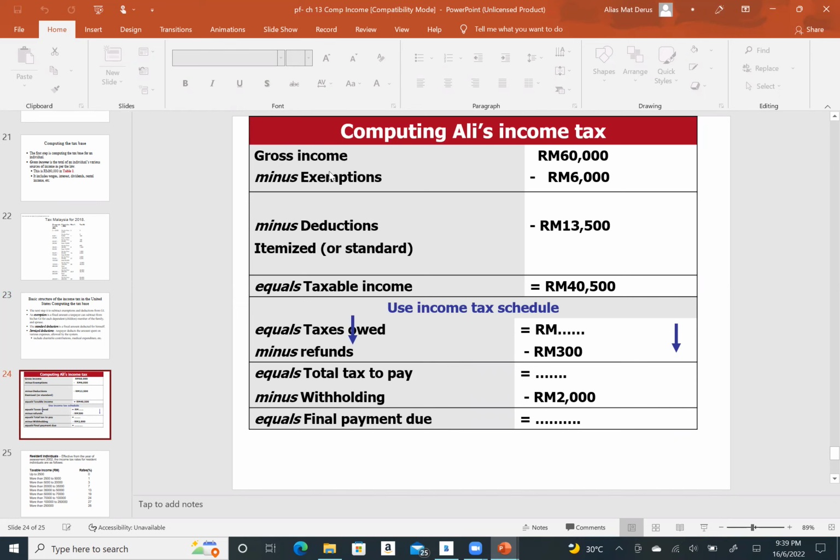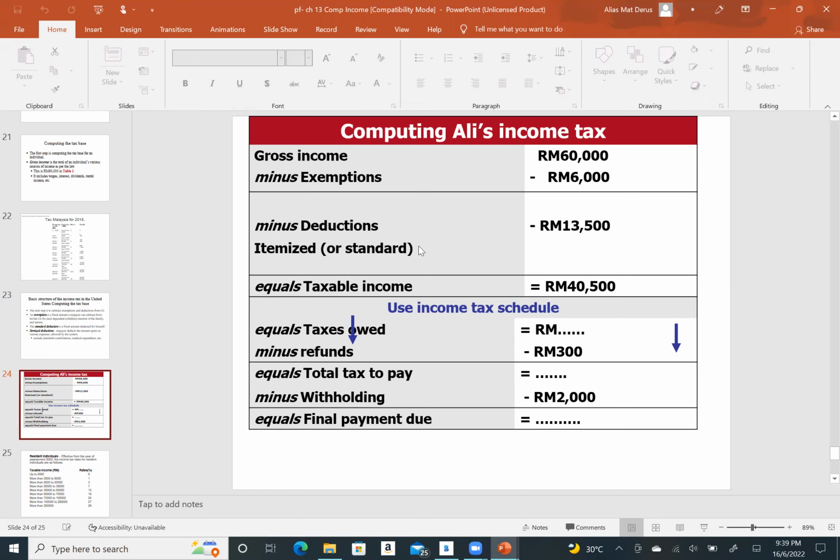So what you do, roughly: first you compute the gross income. For example, say 60,000 per year. Minus exemption. For exemption, according to the definition in the book, exemption for yourself, which includes the cost of earning income, the traveling, the uniform, things like that.